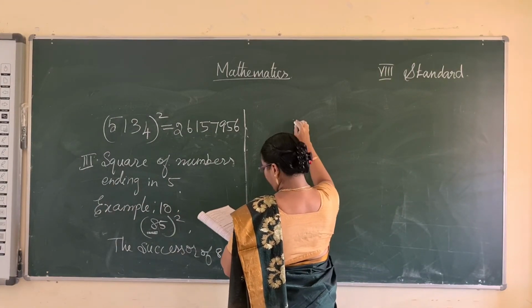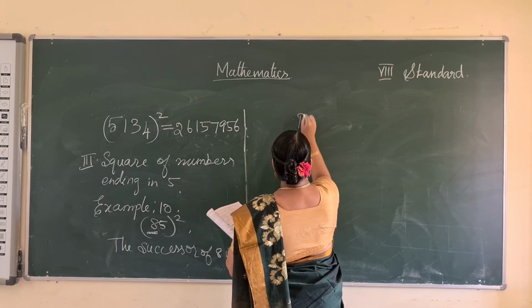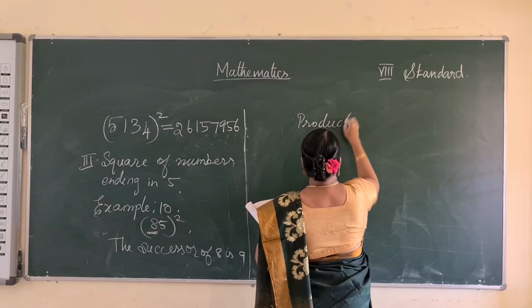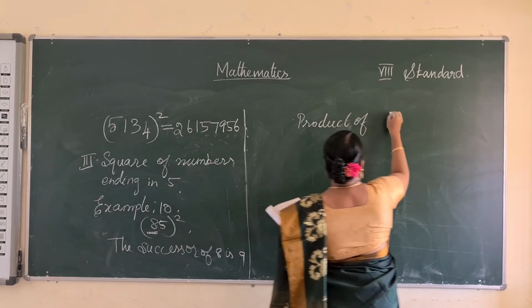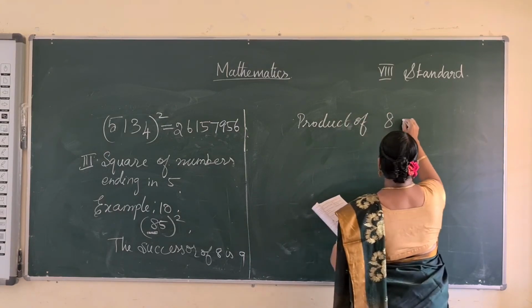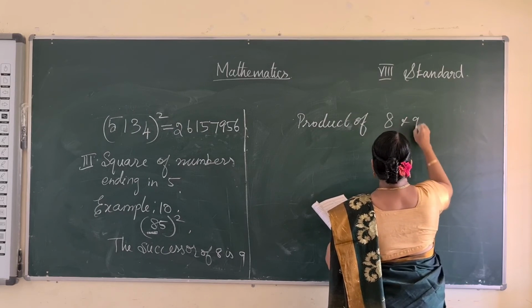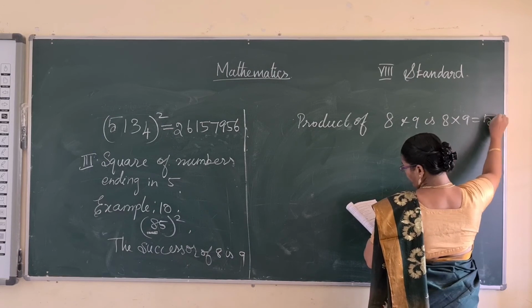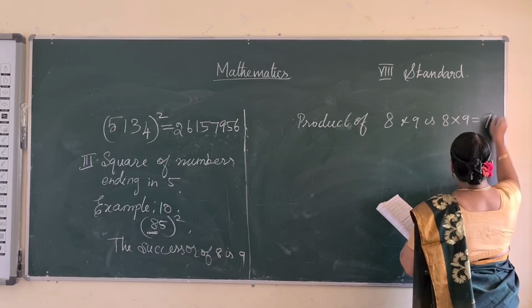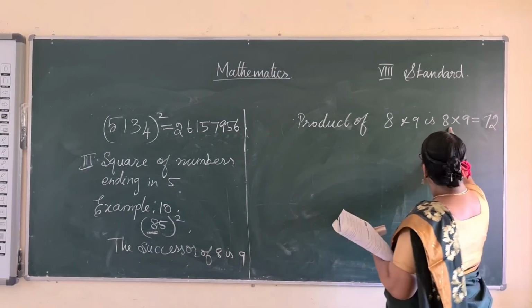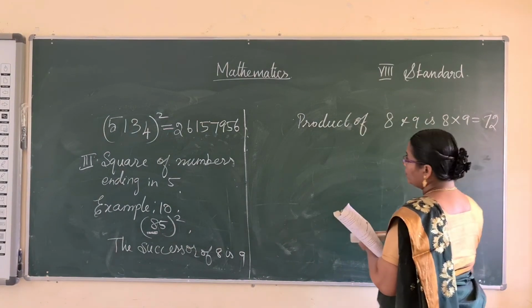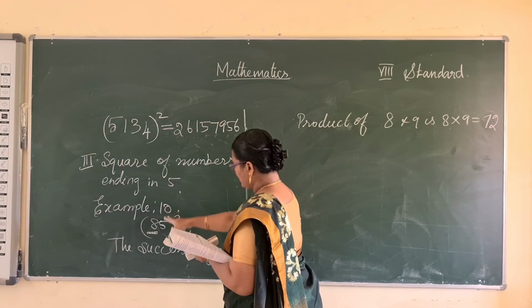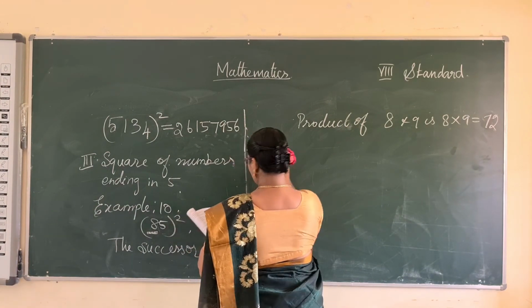Now multiply. The product of 8 and 9, 8 into 9 equal to 72. Okay, 8 9s are 72. Now consider the suffix.